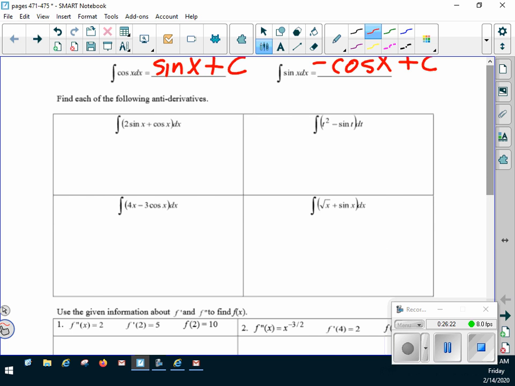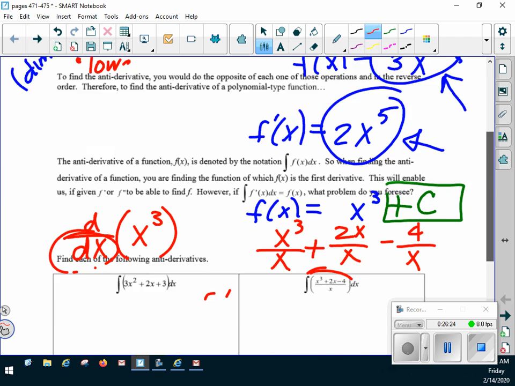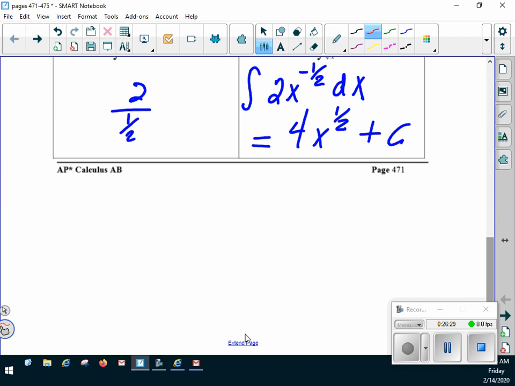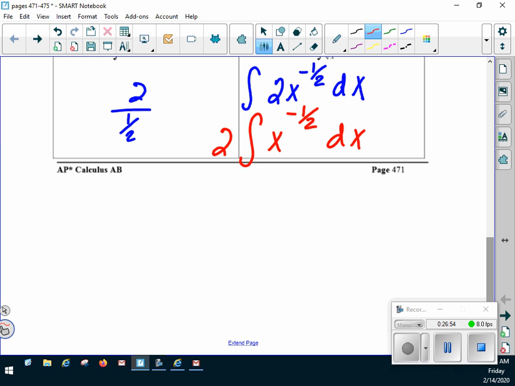I just remembered there's something I wanted to tell you back over here and I forgot. Go back to that last problem we did, here in the lower right corner. You've got this down as your answer, correct? You notice that that 2 is a coefficient. What if I did this? 2 times the integral of x to the negative 1/2 dx.